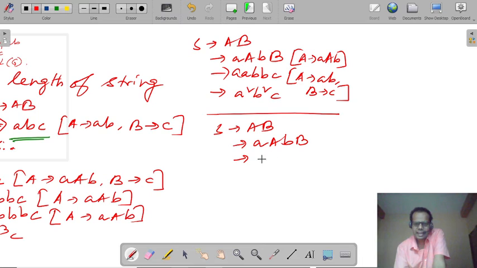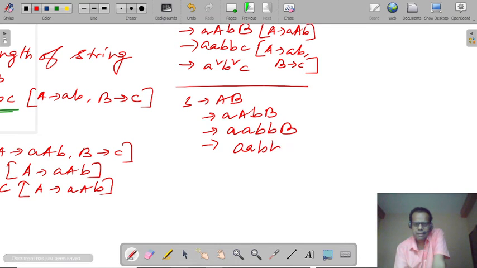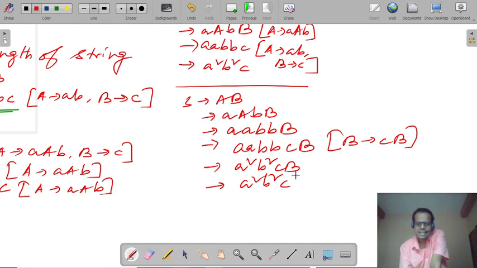So this is a A b B. Now we are going to reduce B. B implies small c, capital B. So we are using the production B implies c B. So again, this is a square b square c B. This B again is reduced by c B.